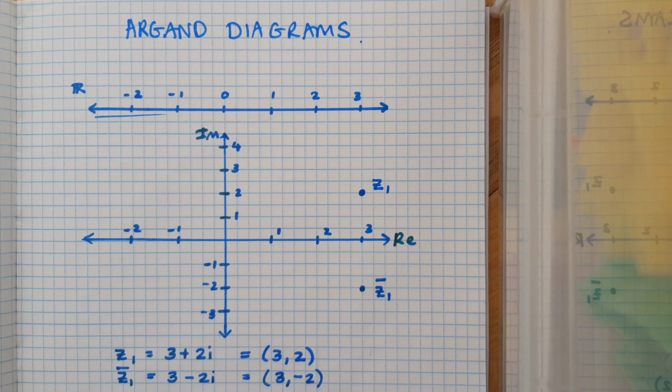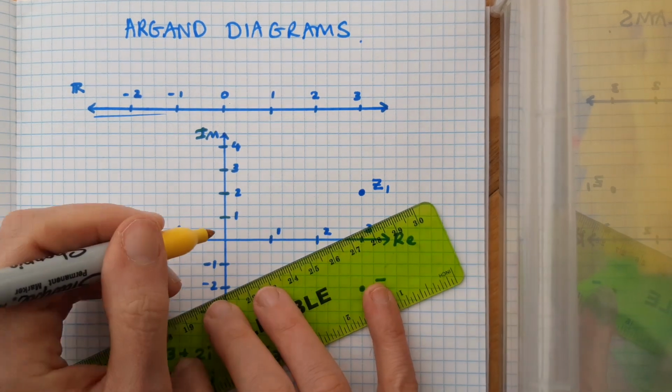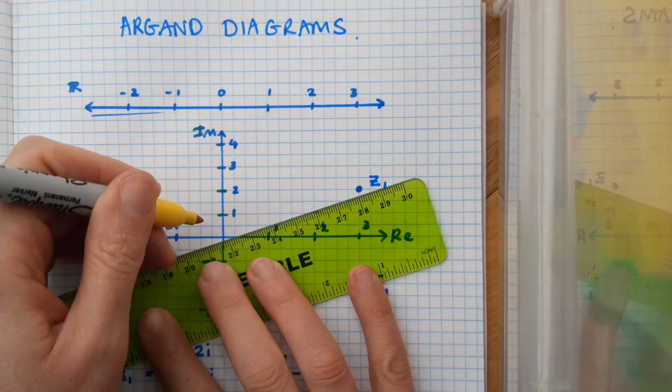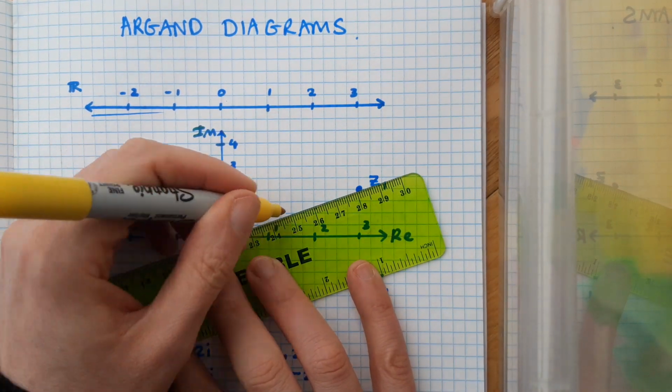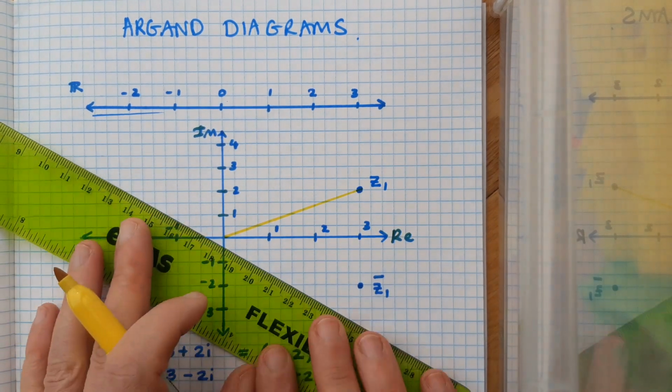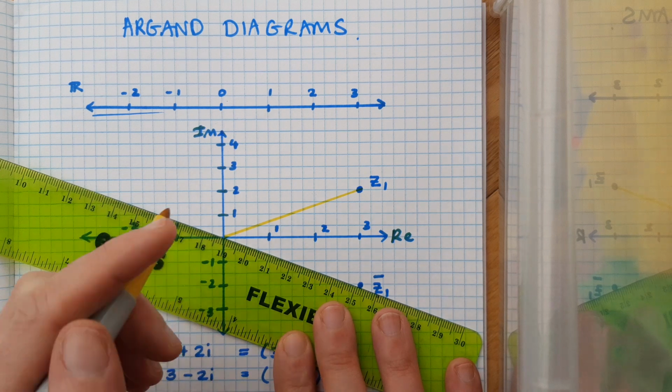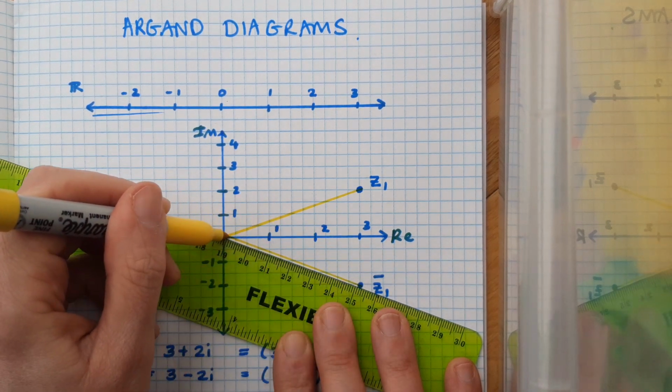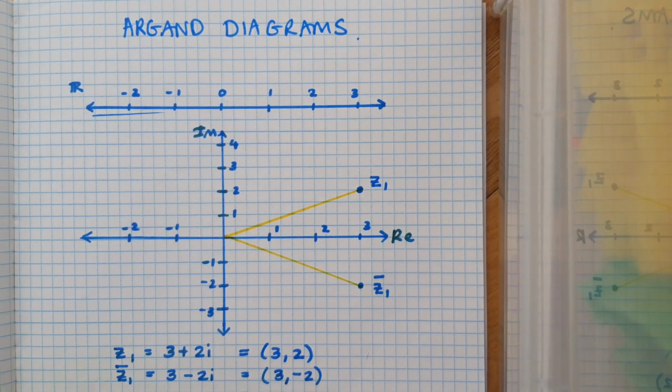I can also draw what's called a modulus on my Argand diagram, and a modulus is just the distance from the complex number's point back to the origin. You can see in this diagram that the modulus of z1 and the modulus of z1 conjugate are actually the same.